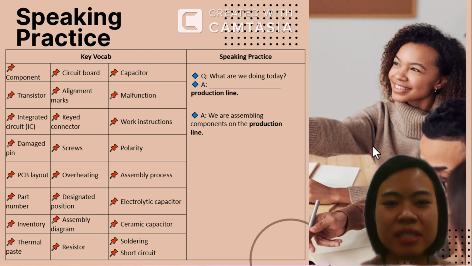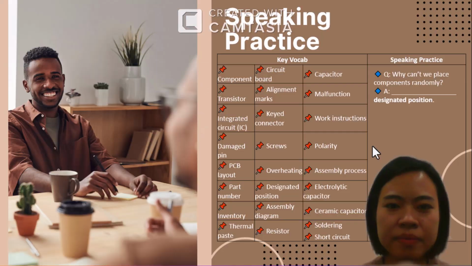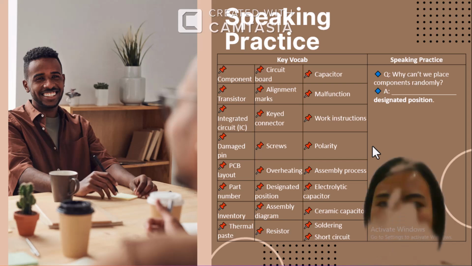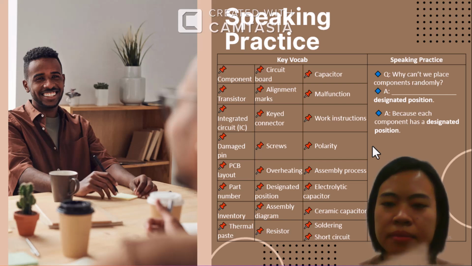We are assembling components on the production line. Why can't we place components randomly? Because each component has a designated position.